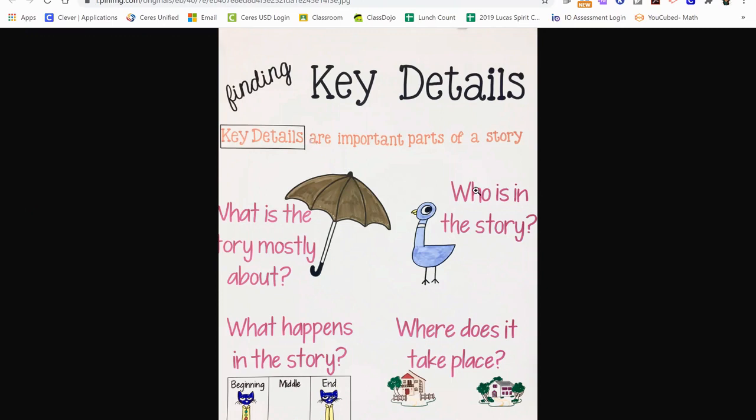Key details can also be who is in the story. Key details might be what happens in the story, but remember, just the important parts that happen in the story, like the beginning, the middle, the end. And a key detail could also be about where it takes place. The most important thing is that we know that key details are only the important parts of a story, okay?